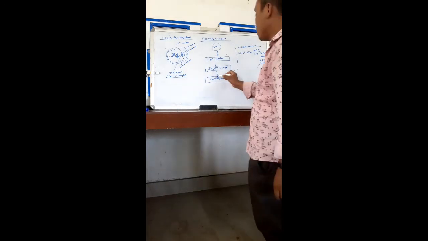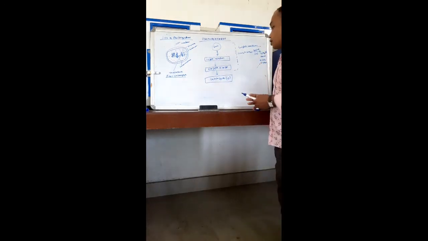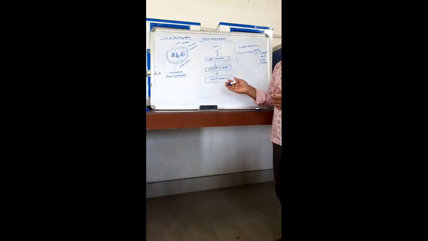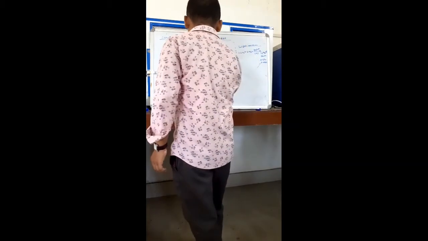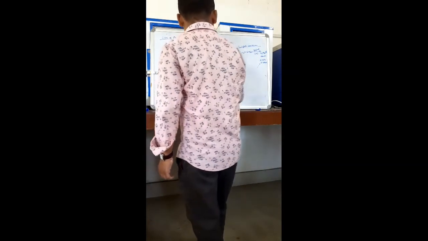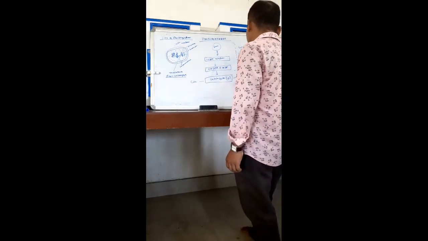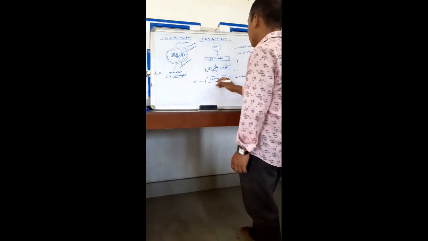What is the function of this Calvin cycle? They fix the carbon dioxide obtained from photosynthesis.